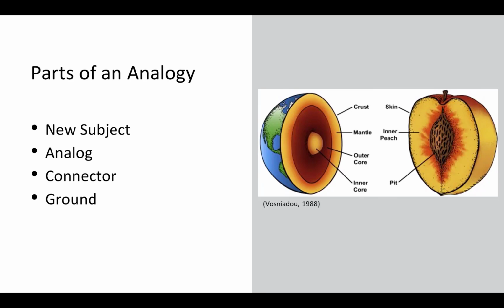The analog is the familiar information, such as the peach. The connector shows the relationship between the two concepts, like the structural relationship of the Earth and the peach. The ground is the specific set of similarities and differences between the familiar and the unfamiliar, like the layers of both the Earth and the peach.